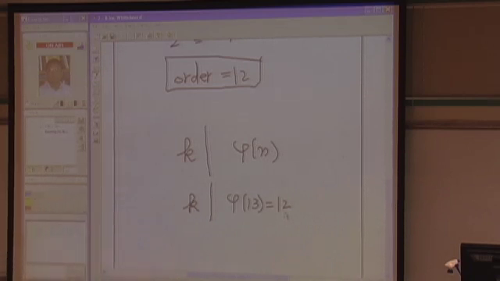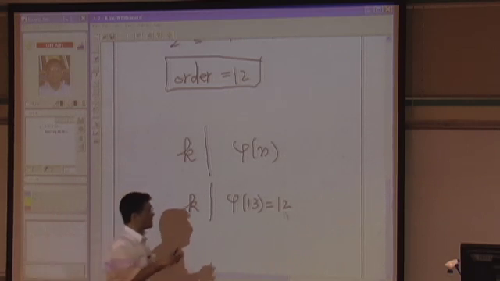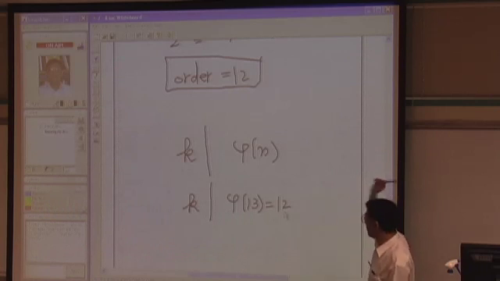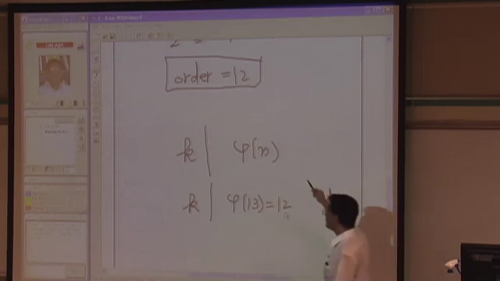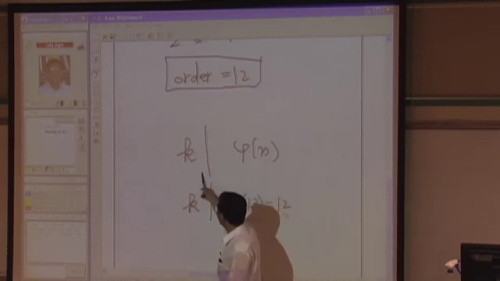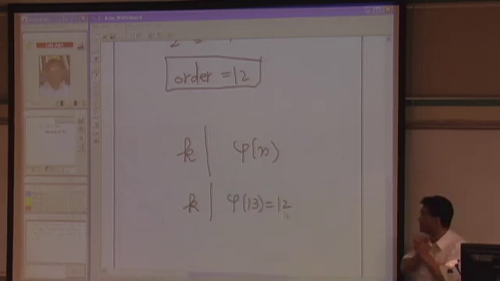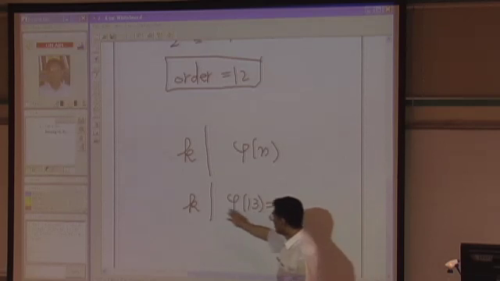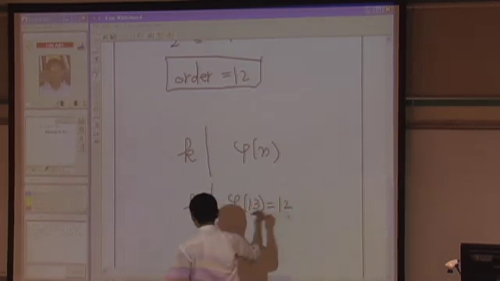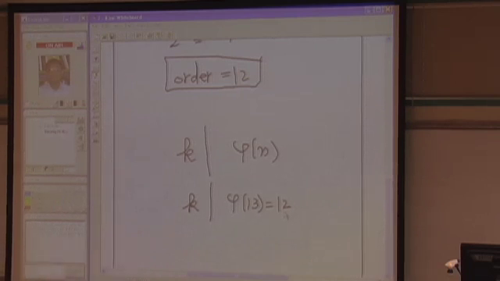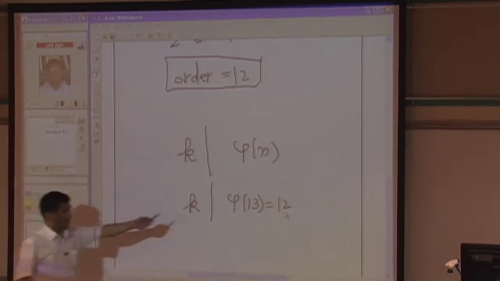You worry about 1, 2, 3, 4, 6, and then 12. But I showed you all the cases to convince you. In reality, you don't have to calculate all possible powers. The order should divide phi of that number.